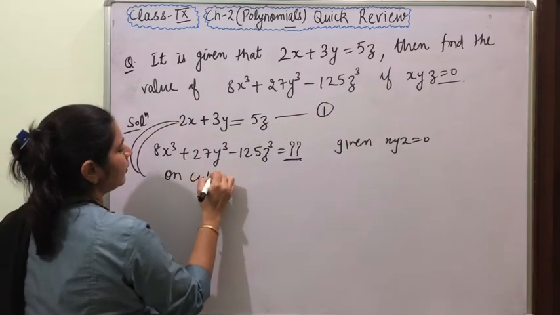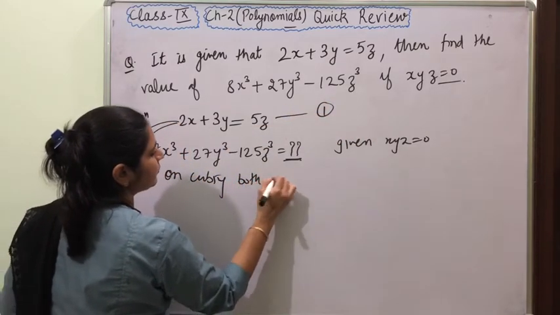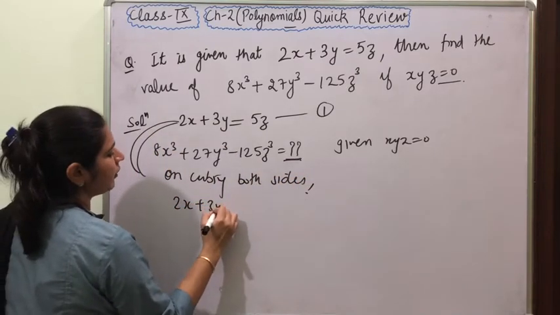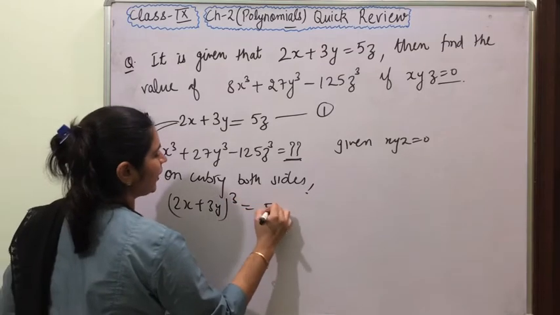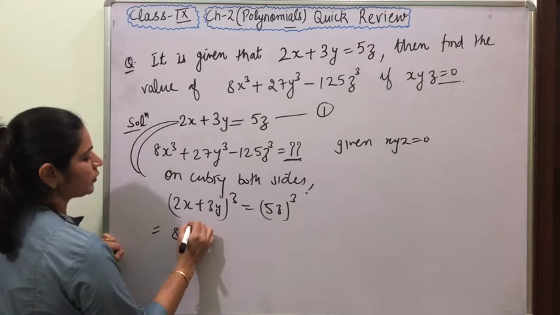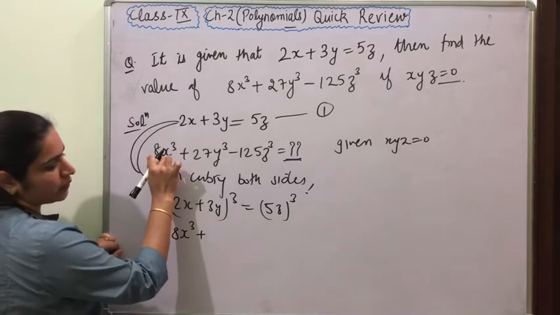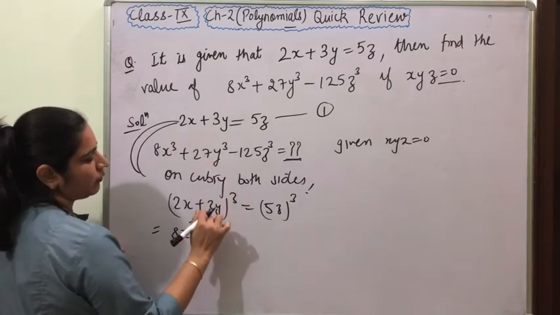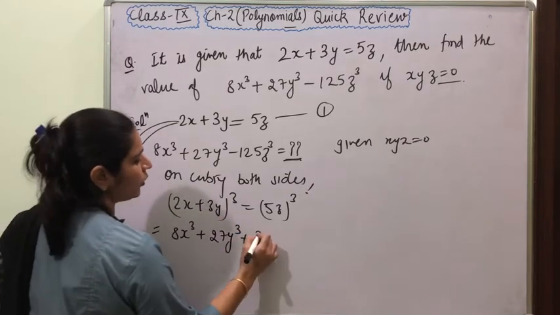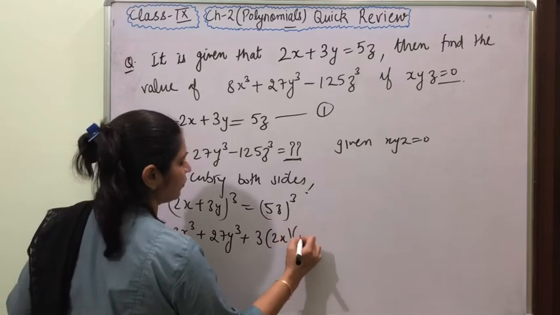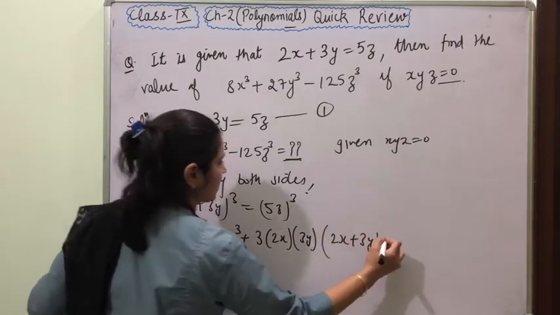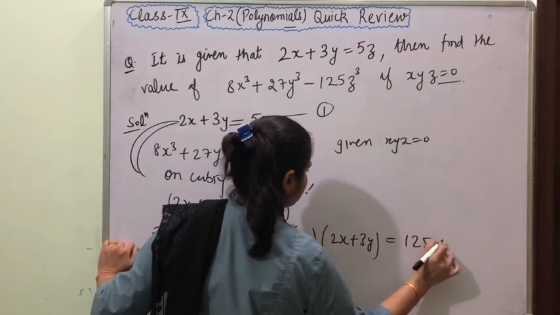On cubing both sides, we get (2x plus 3y) whole cube is equal to (5z) whole cube, which is equal to 8x cube, which was required, next 27y cube, which was also required, then a cube plus b cube plus 3ab multiplied by (a plus b), which is equal to 125z cube.